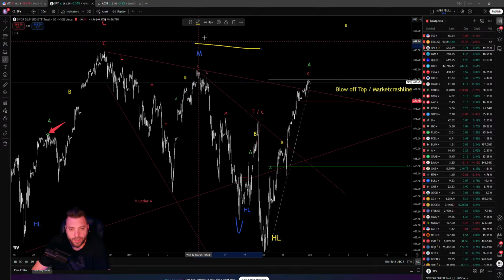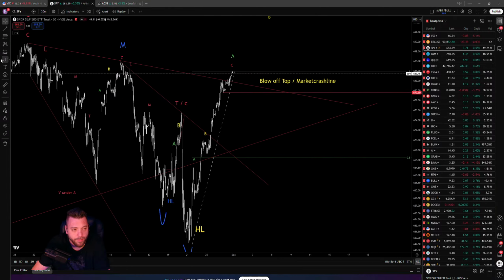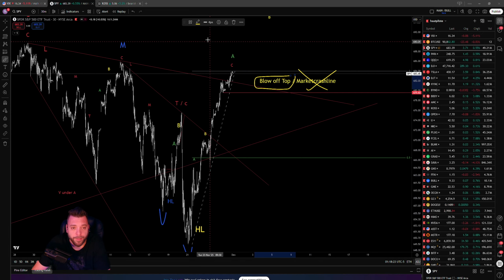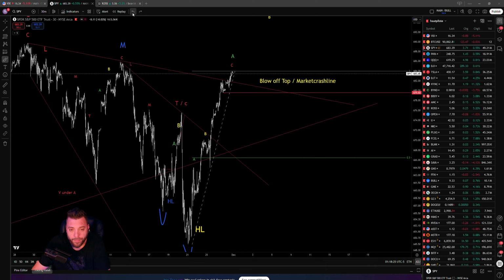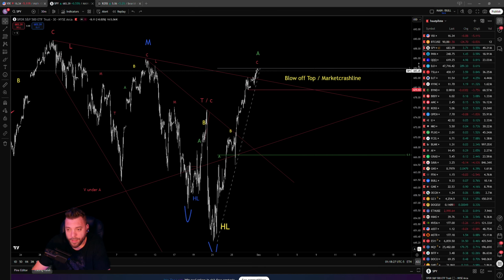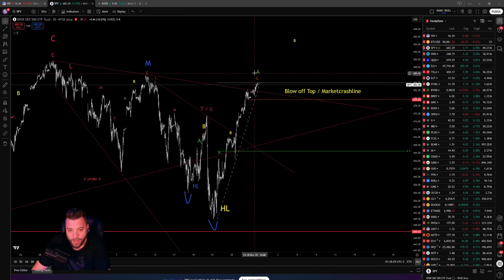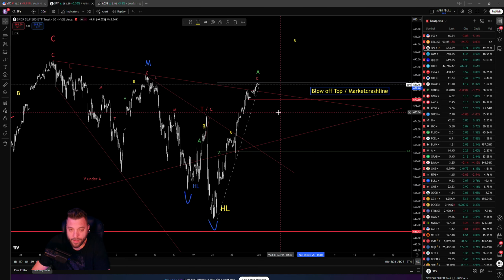So I really think that we can cancel this for now. I think we really get a blow off top. So the only thing for me is this is now A. It has to be A. So I'm still looking for a pullback.